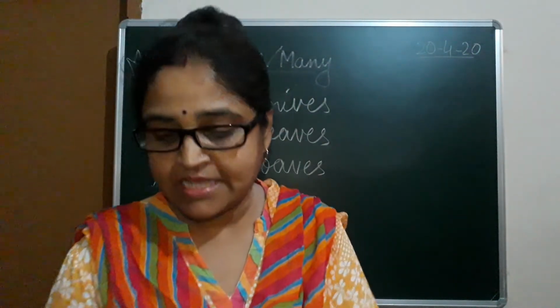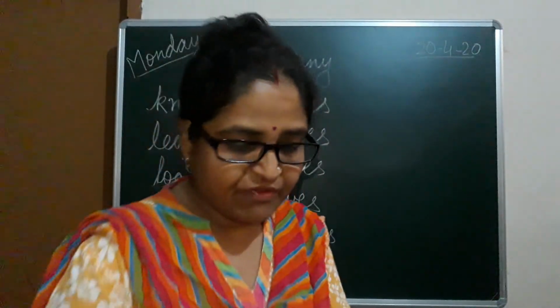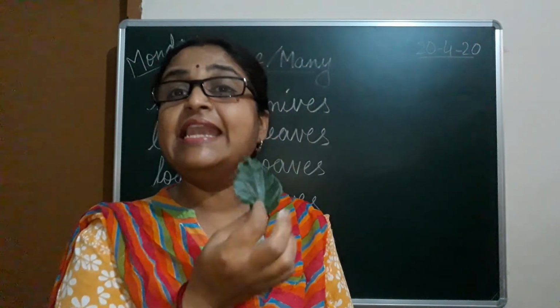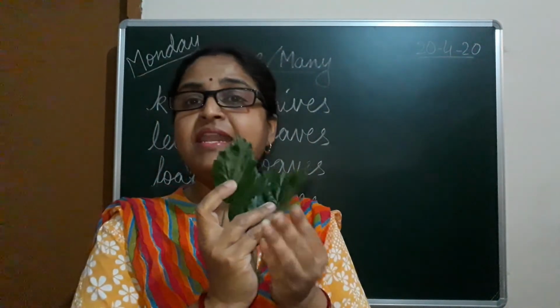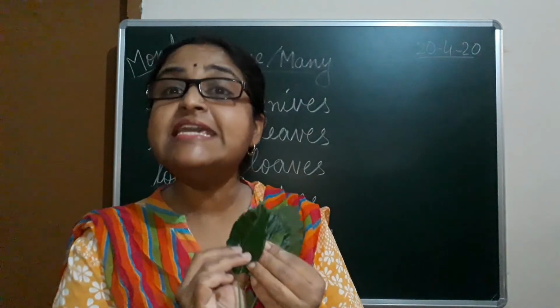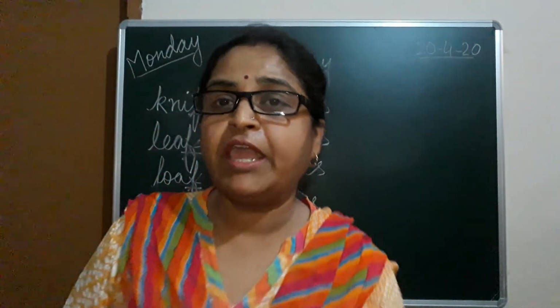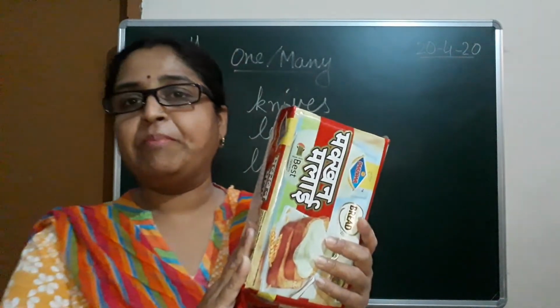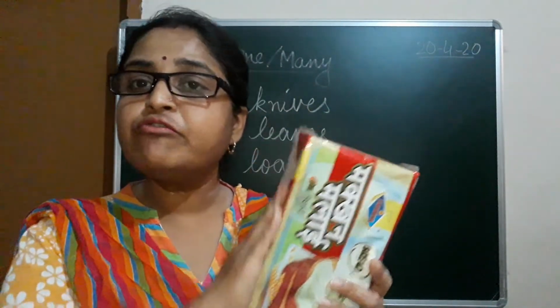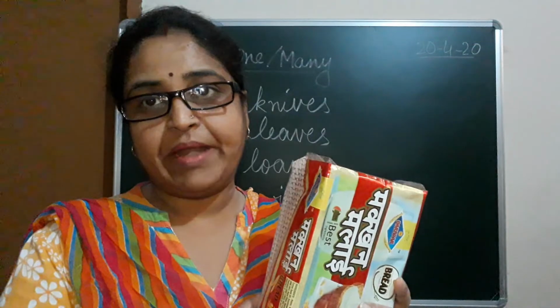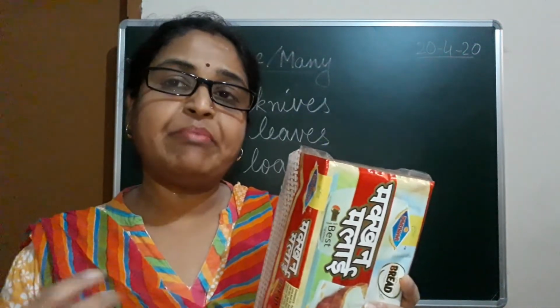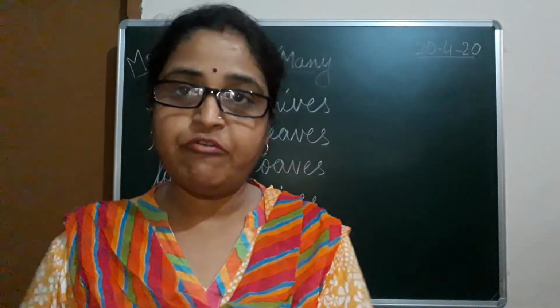Yes, knives. And when we have only one leaf, we say leaf. And when we have many leaves, we say leaves. Okay, they are called leaves. In the same way, if we have one packet of bread, this packet of bread is called a loaf of bread. When we have many packets of bread, we say loaves of bread.